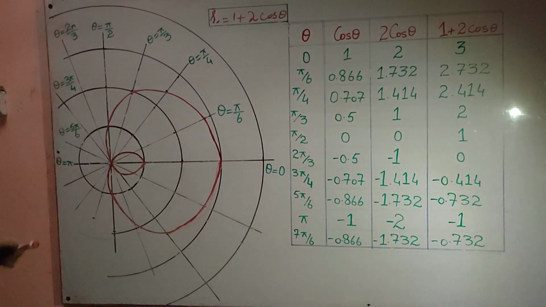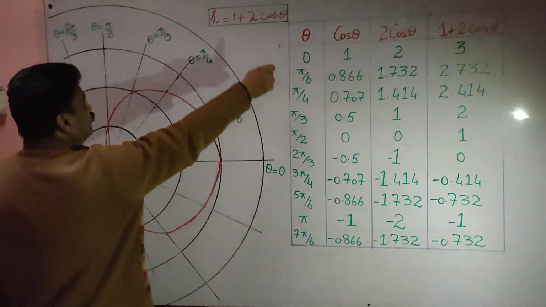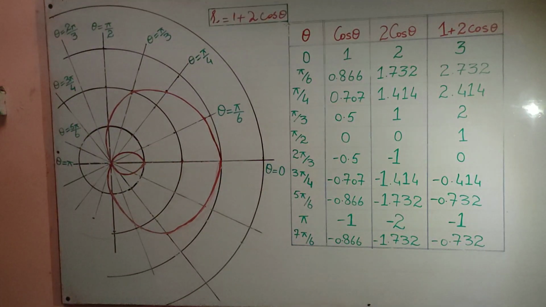This is the whole graph of the curve r is equal to 1 plus 2 cosine theta.